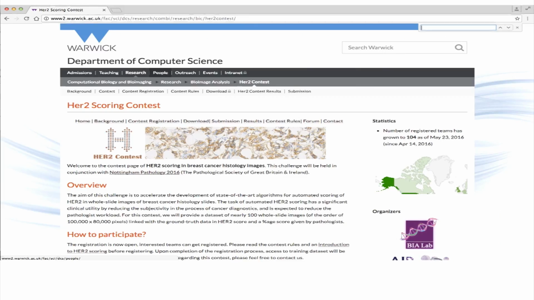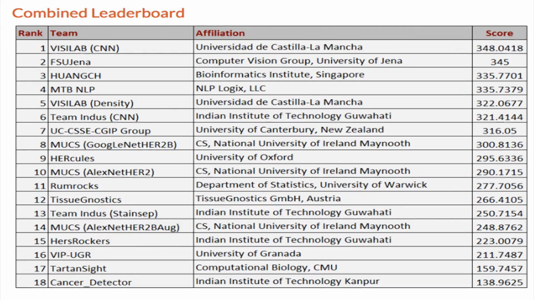We ran a competition recently on HER2 staining. This is a Path Society meeting this summer, a HER2 contest, and we had 18 teams enter for this contest to compete with their staining. We had ground truth provided by Ian Ellis in Nottingham, and we had a man versus computer test to see any pathologists who wanted to have a go at the Congress.